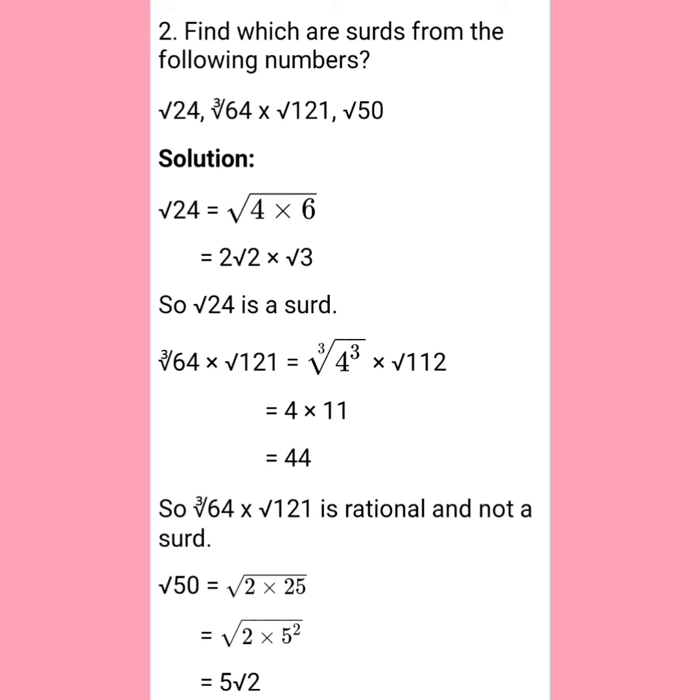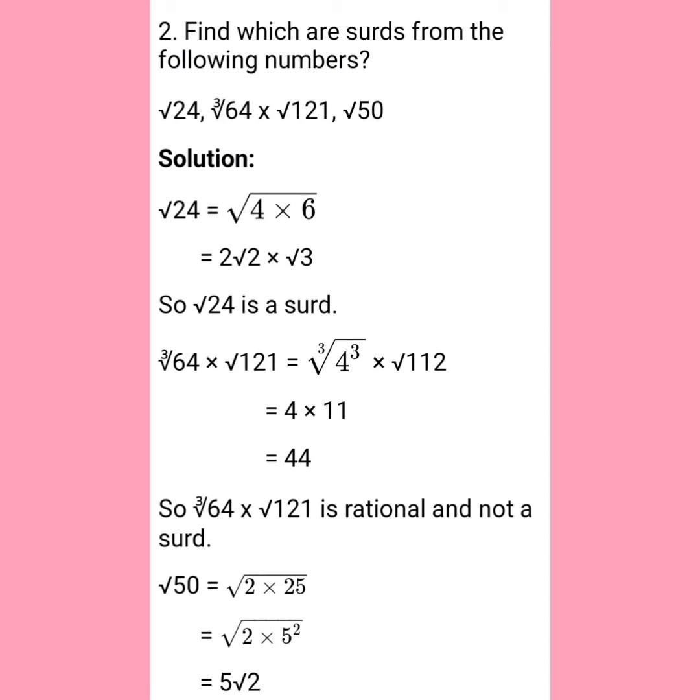So square root of 4 can be written as 2, root 6, that is 2 root 2 into root 3. So root of 24 is a surd because it is finally written in the form of 2 root 2 into root 3. So it has the surd form. So root of 24 is a surd.